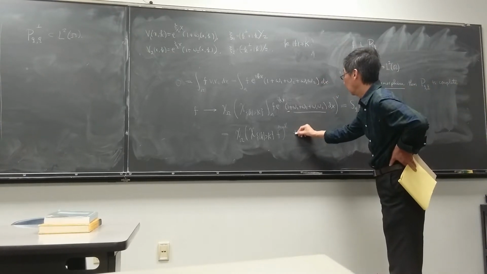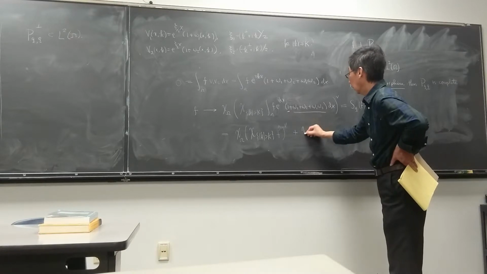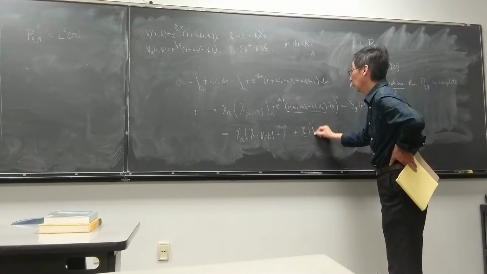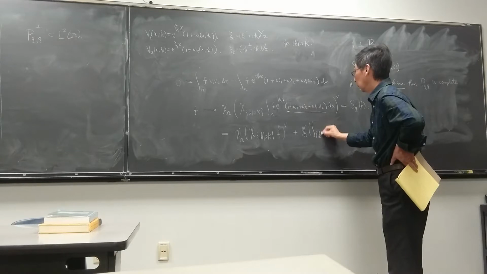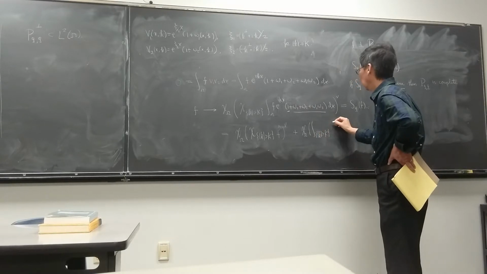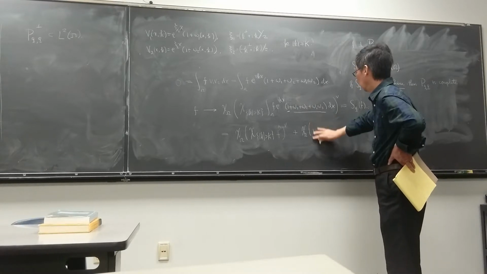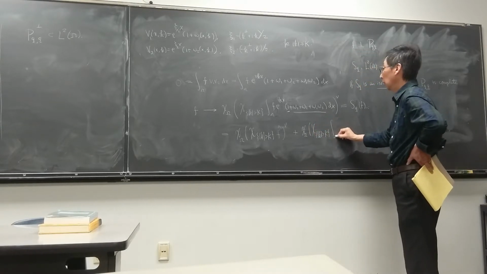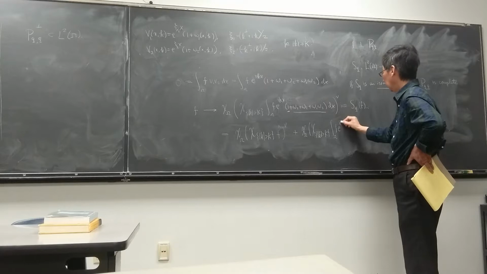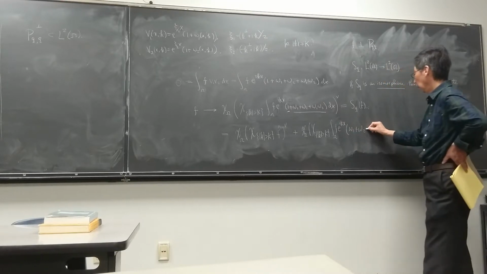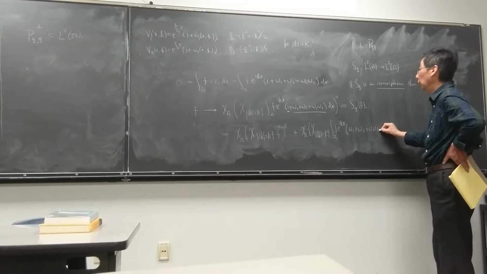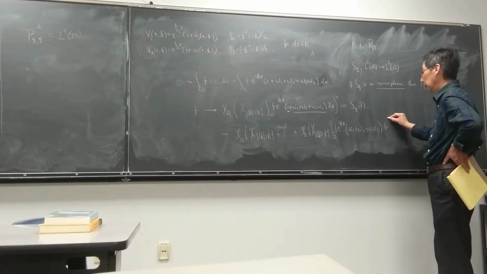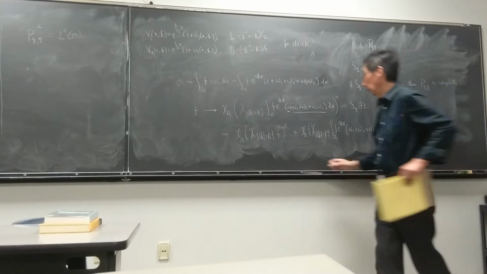Then the other part is the omega, the integral of F e^{ikx} times omega 1 plus omega 2 plus omega 1 omega 2 dx.